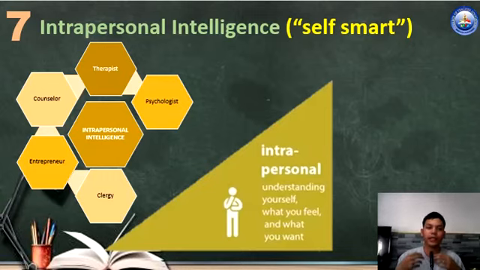So people with intrapersonal intelligence, such as Aristotle and Maya, have the ability to recognize and understand his or her own moods, desires, motivations, and intentions. So this type of intelligence can help a person to understand which goals are important and how to achieve them. So the potential career choices for this kind of intelligence are the therapist, counselor, entrepreneur, clergy, and psychologist.